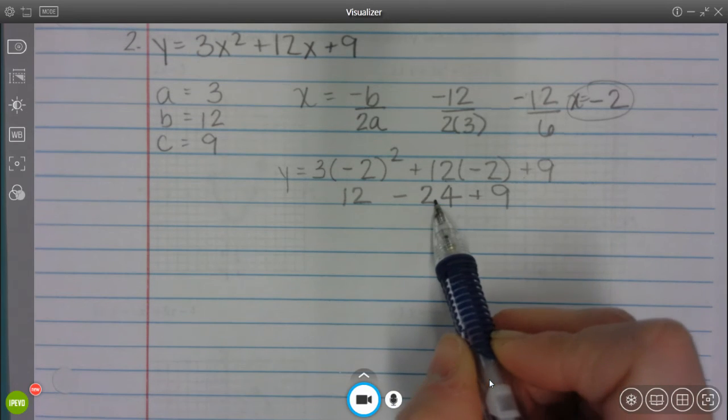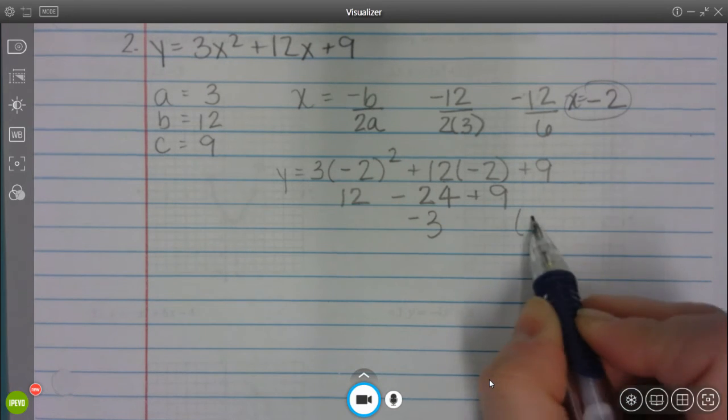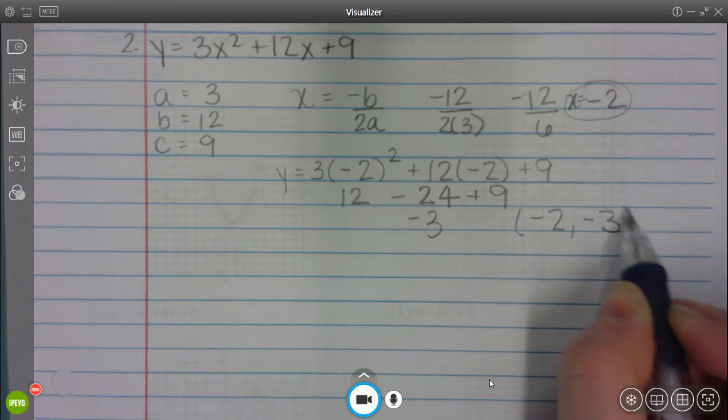So 12 minus 24 gives me negative 12, plus 9 is going to give me negative 3. So my vertex coordinate will be negative 2, negative 3.